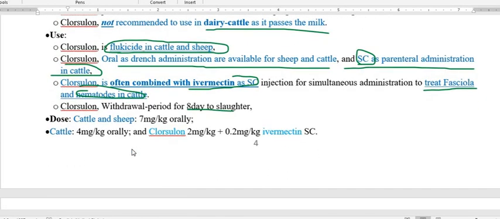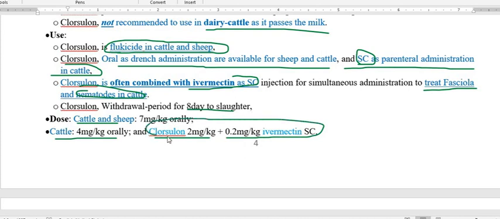As for the dose in species like cattle and sheep, the dose is about 7 mg per kg orally. For cattle, 4 mg orally, and clorsulon 2 mg per kg with ivermectin 0.2 mg per kg in subcutaneous administration in combined form.